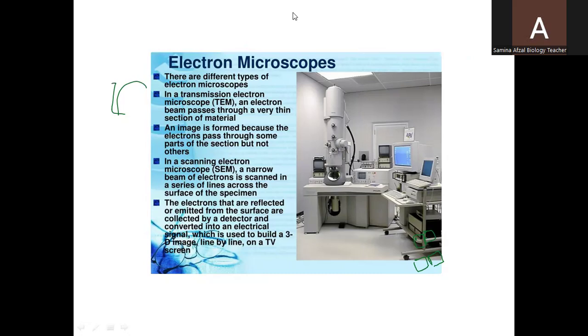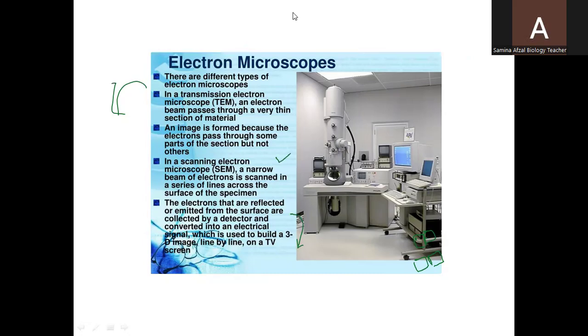On the other hand, in the scanning electron microscope, or SEM, a narrow beam of electrons is scanned in a series of lines across the surface of the specimen. So mostly it shows the surface region of the specimen. The electrons that are reflected or emitted from the surface are collected by a detector and converted into an electrical signal, which is used to build a 3D image.